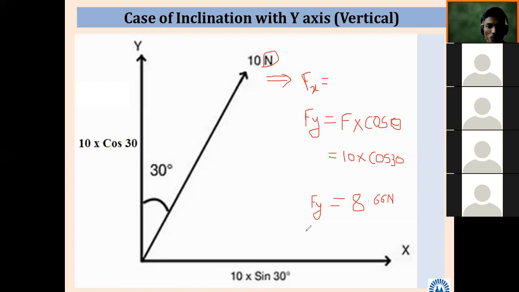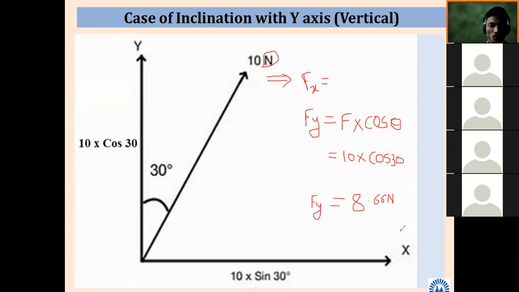Can we tell from this where the force is going? No, sir, direction. We have to show direction. So where do I have to show the arrow? Left hand side, right hand side, downward, upward? Upward. It is the y component. Keep in mind, upward.